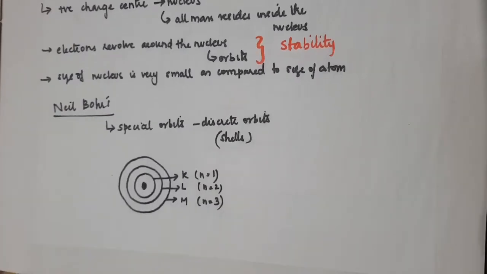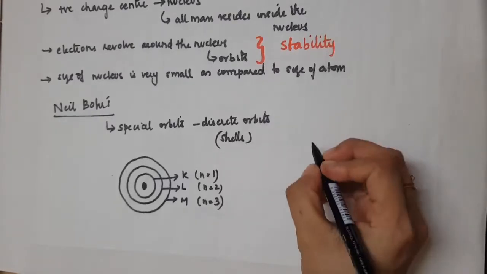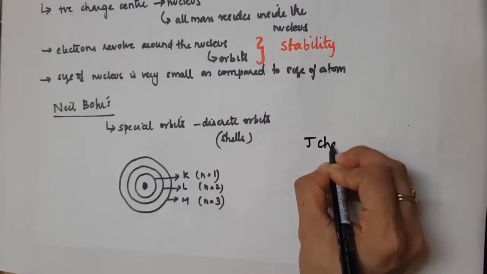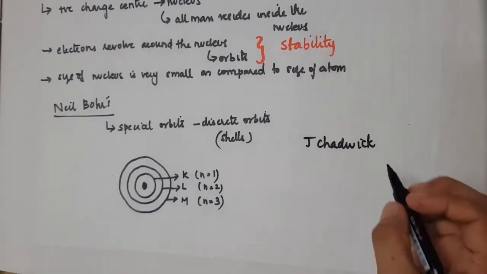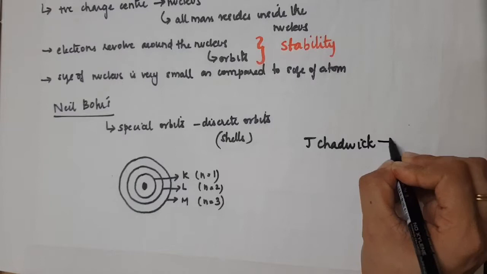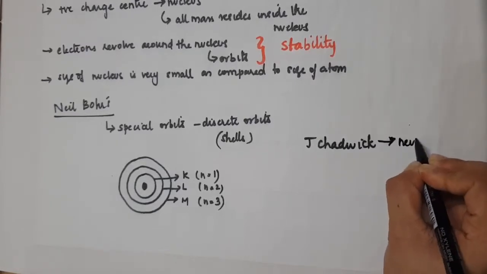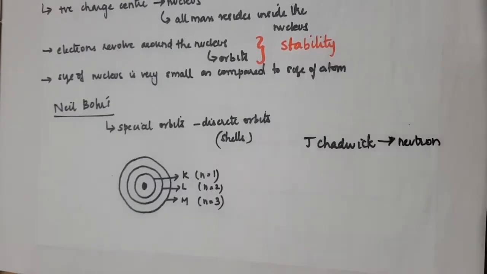We'll see in detail how electrons are placed in these shells, and what is the maximum number of electrons occupied in a shell. It was later that a scientist called J. Chadwick led to the discovery of another subatomic particle inside the atom, named the neutron.